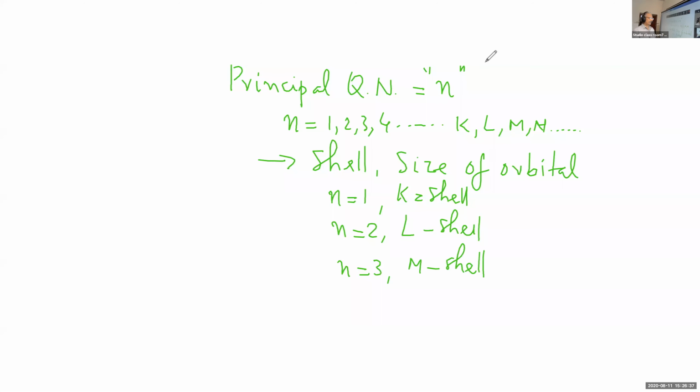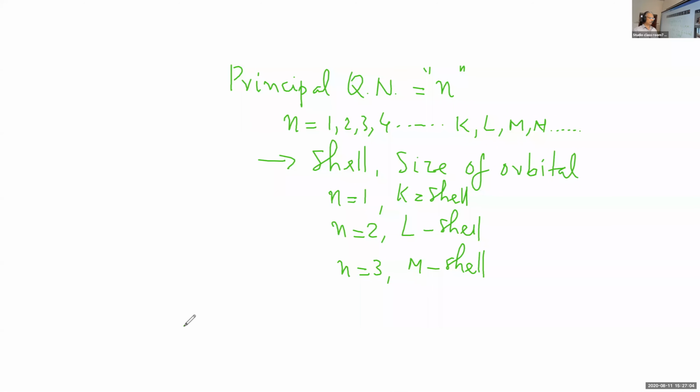So if we get the principal quantum number, immediately we can reach the shell. That is why I told you that the principal quantum number n represents the shell or the orbit, K, L, M, N, etc. If n is equal to 1, without any hesitation, we can say it is the K shell.